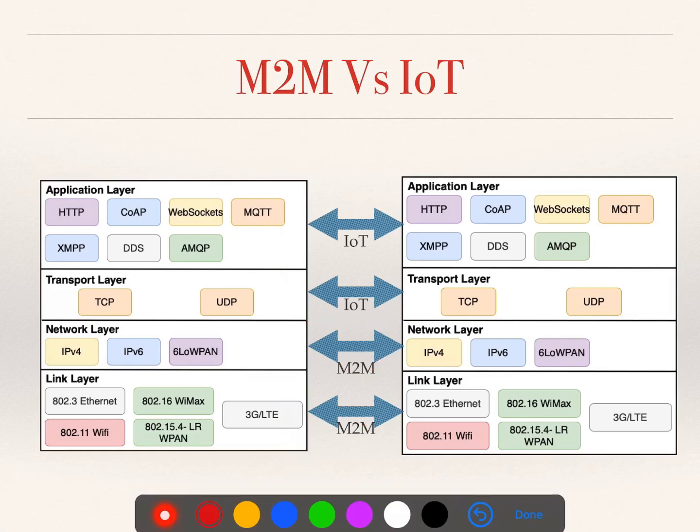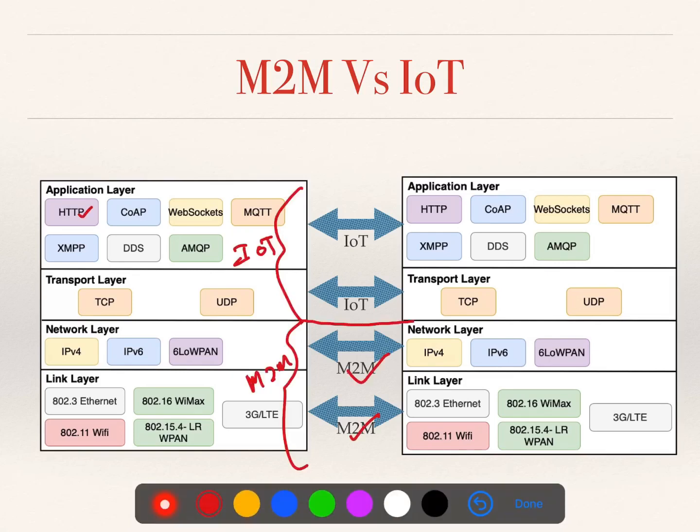Just to recap everything here: HTTP in the application layer, Constrained Application Protocol, WebSockets, Message Queue Telemetry Transport, XMPP (Extensible Messaging and Presence Protocol), Data Distribution Service, and AMQP. These are some of the protocols in the application layer. They can talk to other things via IoT. Similarly, in the transport layer we have mainly TCP and UDP.